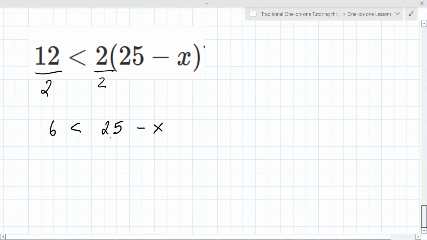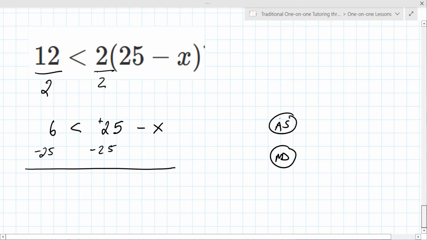Is the 25 positive or negative? Positive. You undo addition and subtraction before multiplication and division. How do you undo 25? What's the math operation? Division. It's adding though. Adding goes with subtraction. You're going to subtract 25 from both sides. So what number goes here on the left?